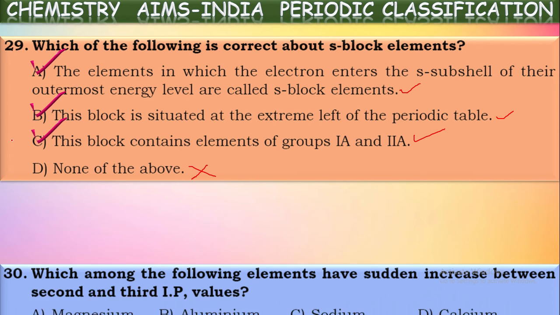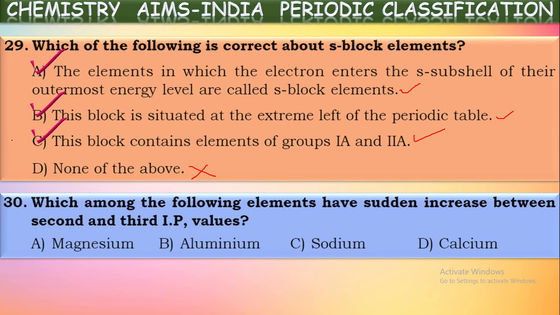Right? Next one. Which among the following elements have a sudden increase between second and third IP values? See, they're asking to find the elements which have a greater increase between the second and third IP values.